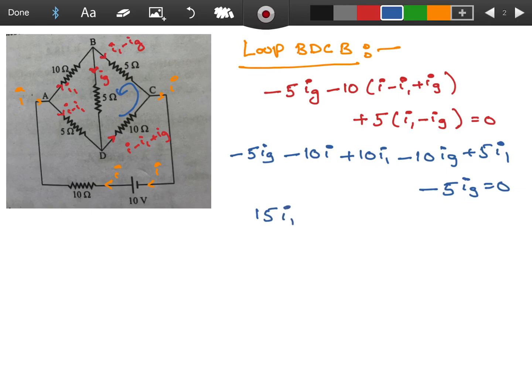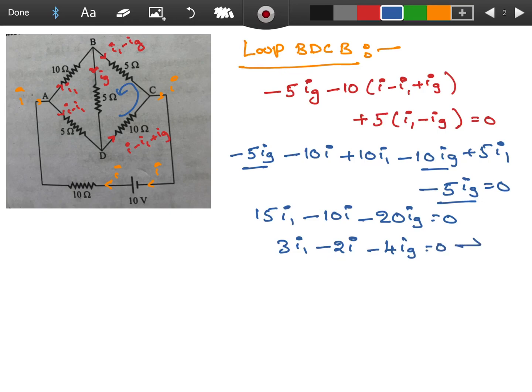Only minus 10I is there. And how many IG terms? Minus 5IG, minus 5IG, minus 10IG, minus 20IG equal to 0. Then I will take 5 common in this. 3I1 minus 2I minus 4IG equal to 0. Equation number 2.